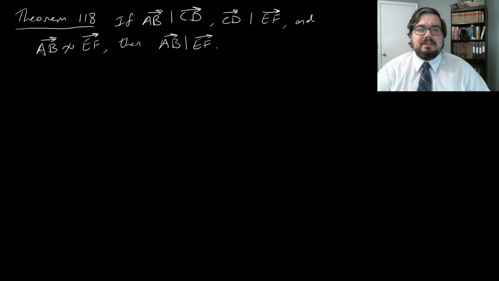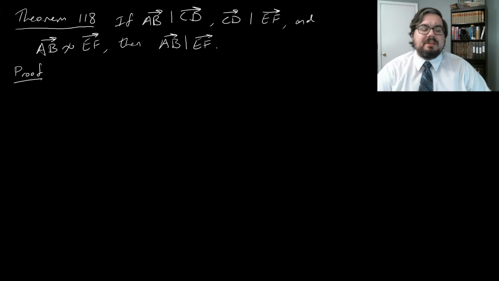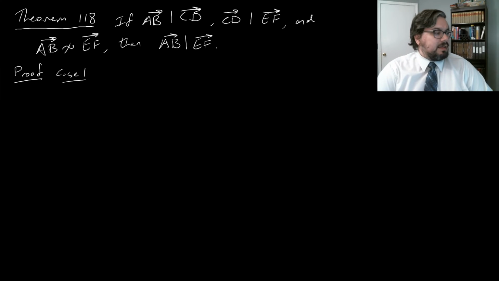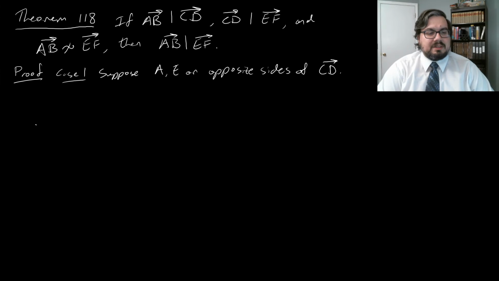Let's see the proof of one case of this. There are two cases. One of them is a little easier than the other. That's what we'll do. So case one, let's suppose that A and E are on opposite sides of the ray CD. So the picture that this would look like is approximately the following.